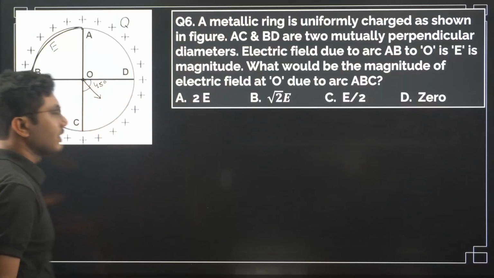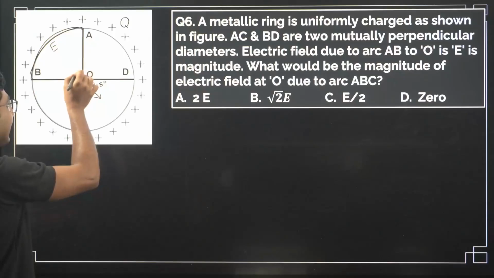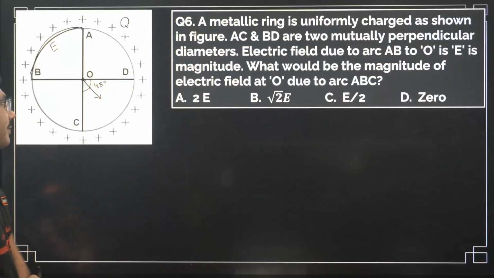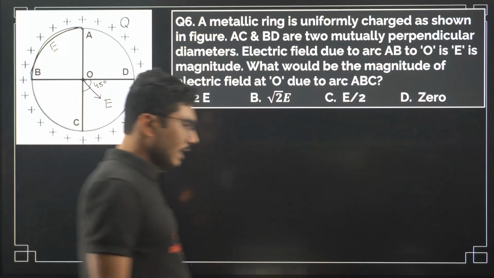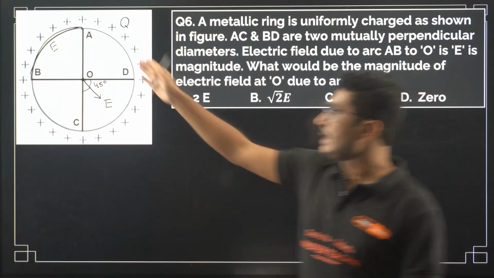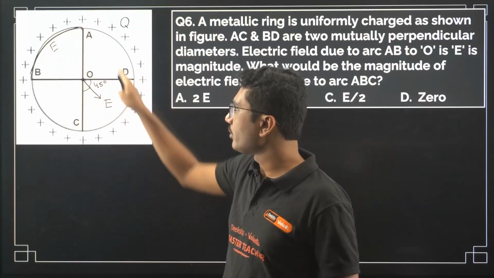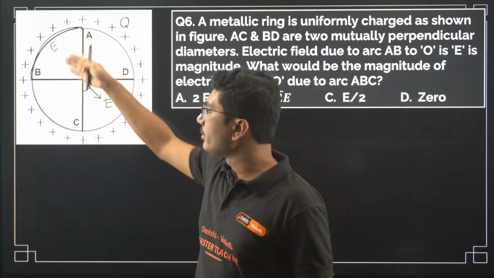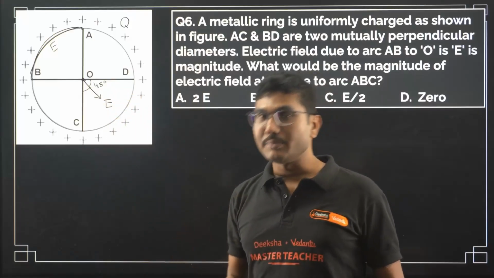This will also be 45 degrees because it is a symmetric diagram. This angle is 90 degrees, so that's why it is 45 degrees, and this will be the electric field E. Now due to symmetry, each quarter, these are quarters, 4 parts, right? 1st quarter, 2nd quarter, 3rd quarter, 4th quarter. So each quarter will have exactly the same electric field, but the direction will be different.